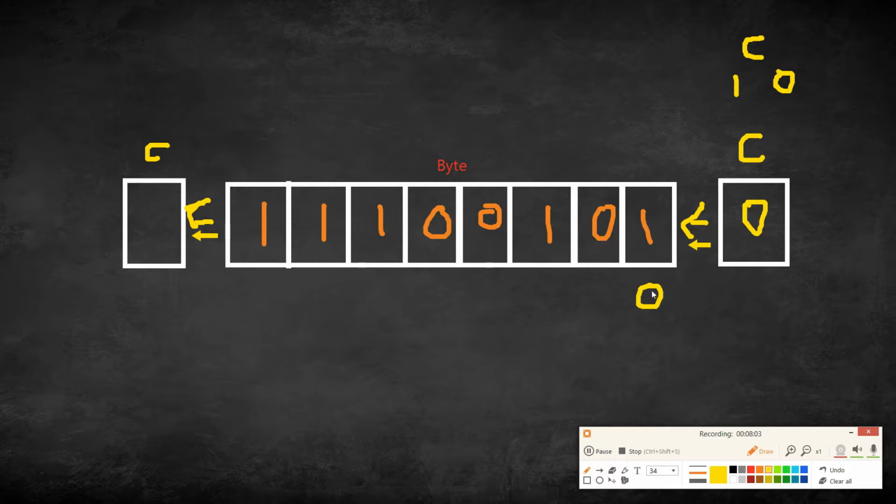So it's exactly the same. So 0, 1, 0, 1, 0, 0, 1, 1, and this now is gonna be the new number. The carry is set to 1 because this is 1.